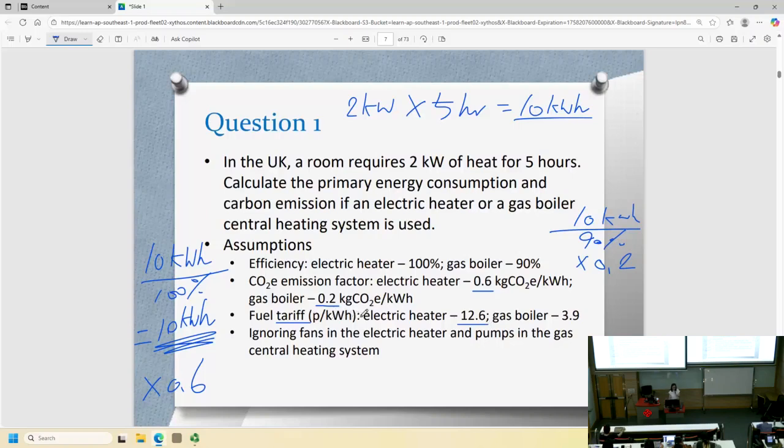Okay, so 10 kilowatt hour and then multiply by 12.6, that would be the electricity fees. And if you are using the gas boiler, the fees will be 3.9 pence for every kilowatt hour. So once again, this multiply 3.9. You have the fees, okay, the charge for the natural gas.